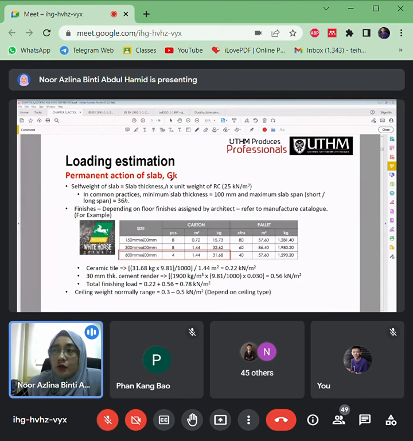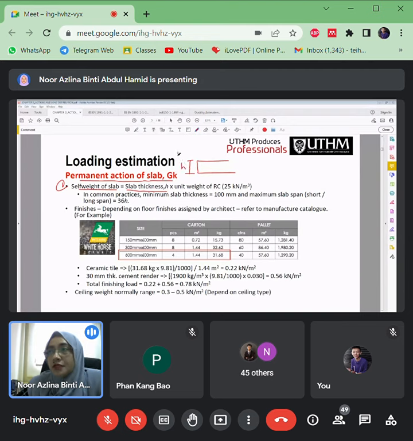Okay, we go for the permanent actions of the slab here, which is Gk. So first, we have to consider its self-weight. How to calculate is by considering its thickness. So the slab has a thickness, okay? Because we want it per area, it doesn't matter what the area of that slab is, but what we are concerned with here is its thickness.